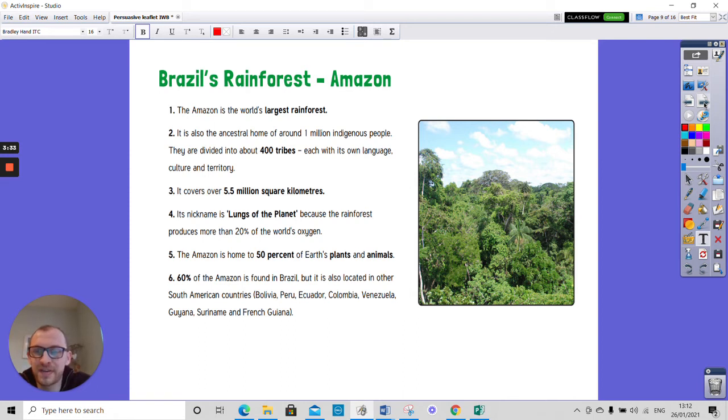It covers over 5.5 million square kilometres, and it's nicknamed the lungs of the planet because the rainforest produces more than 20% of the world's oxygen. 50% of the Earth's animals and plants live in the Amazon, which is a lot. And 60% of the Amazon is in Brazil, and we've already covered which other countries it is located in.